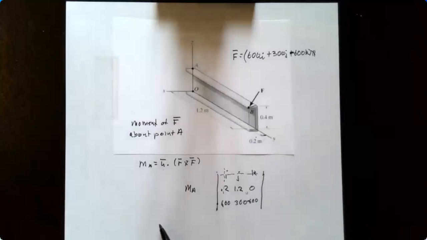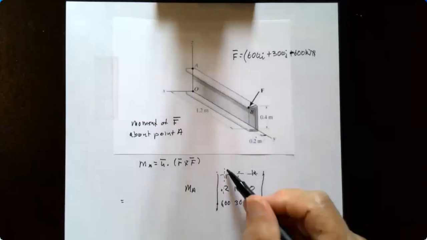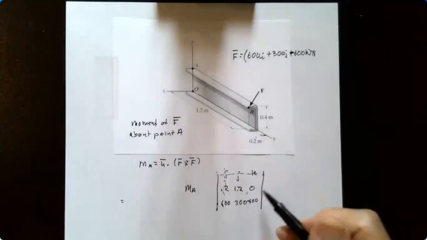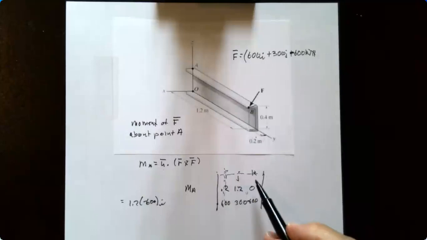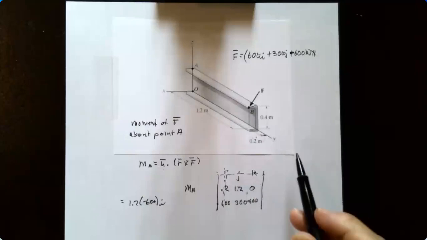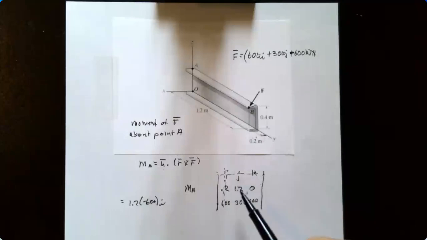So the 0.2 times 300, minus 1.2 times 600, 0.2 times minus 600 I. 0.2 times 600 minus, this is 0 times that, so that's a 0 term, so it's just minus 1.2 times minus 600 I.